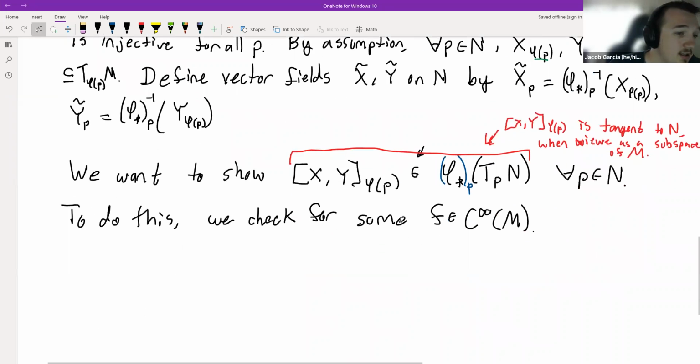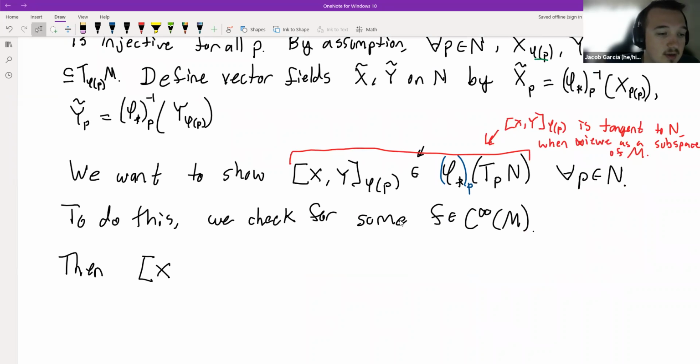Okay, so then I evaluate this Lie bracket on F. So that's going to be, right, just using the definition.